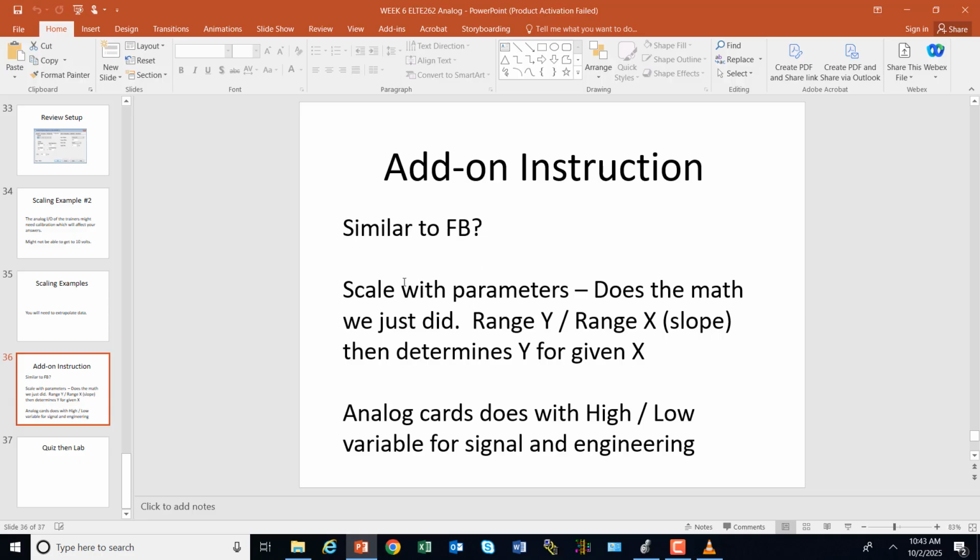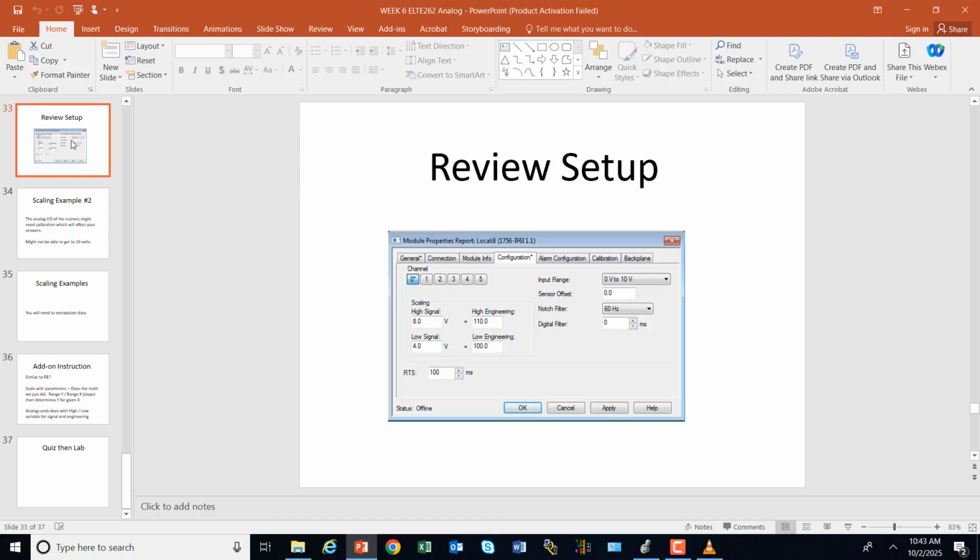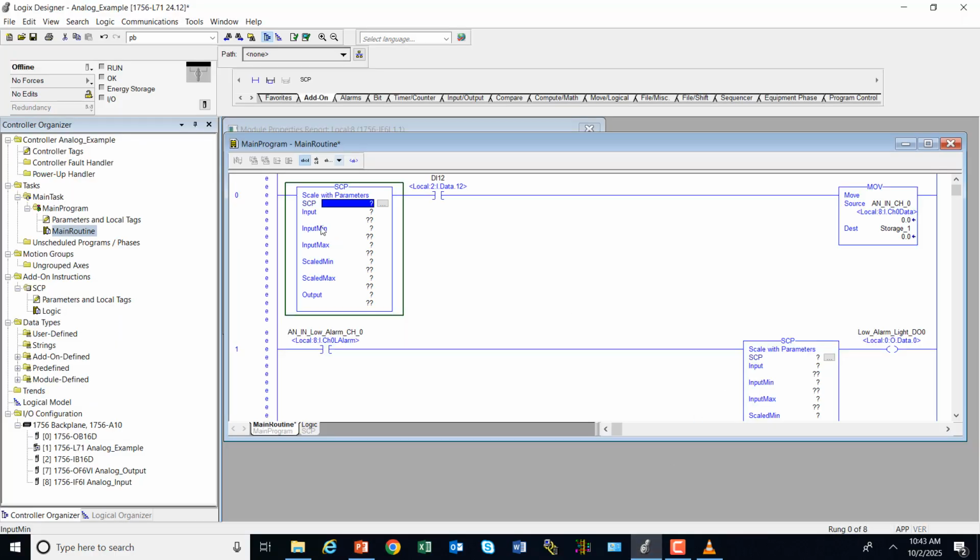So a scale with parameters just basically does the math that we just showed here. It subtracts the x high, x low, y high, y low. It gets your slope. It figures out your y-intercept, and that way, whatever you put in here, it basically does what this card is doing right here, and that's what it's talking about here.